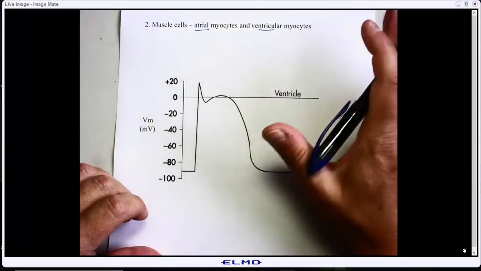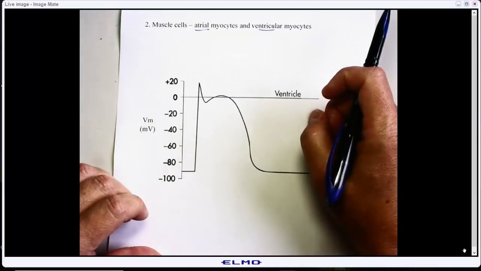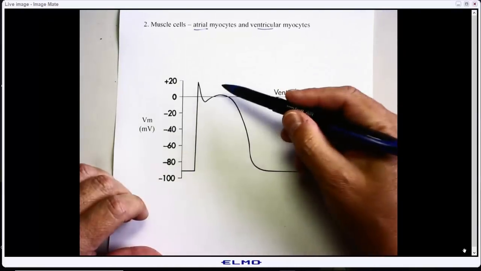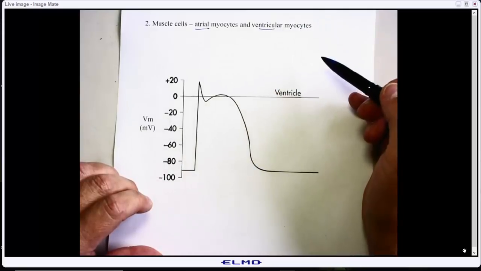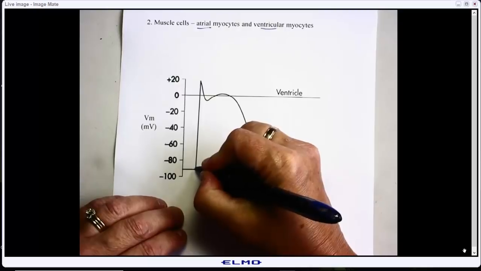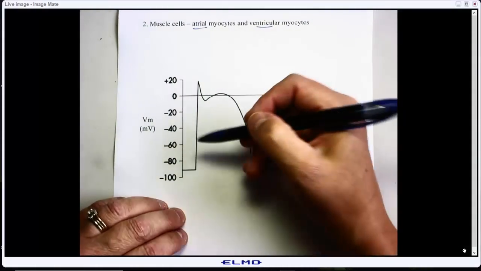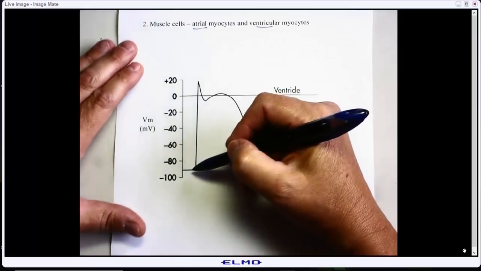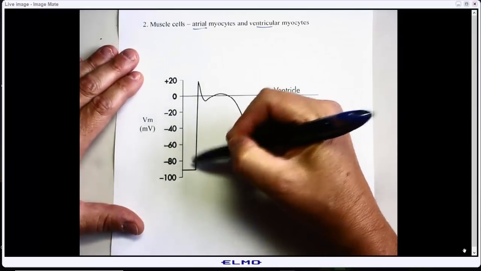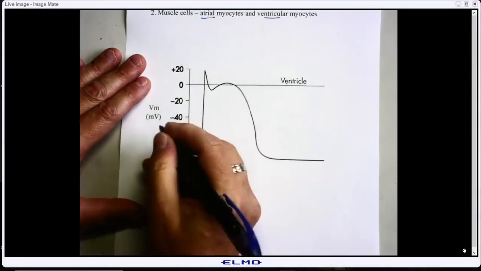As soon as the Purkinje fiber changes its membrane potential, that's going to lead to a change in membrane potential in this cell, in the ventricular myocyte. And as soon as we start to change membrane potential, we're eventually going to hit threshold for a voltage-gated sodium channel in this case.